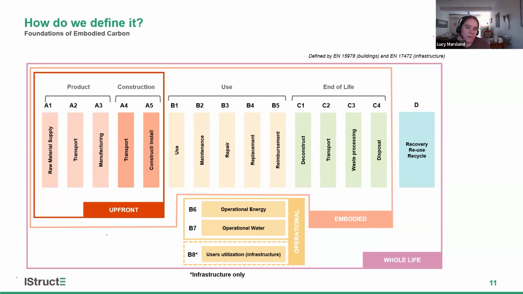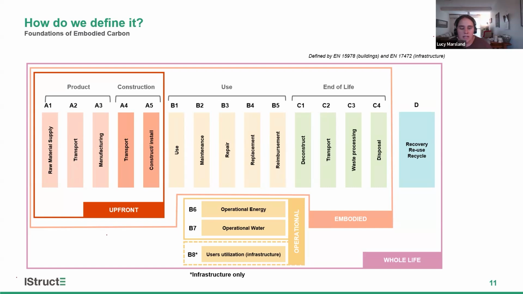However, there's, of course, other pieces around maintenance, repair, replacement, and refurbishment that many structural engineers on the call would get experience in. We know that the operational energy, the operational water, and for infrastructure, the user's utilization of the asset is a very significant portion of the greenhouse gases associated with a built asset.